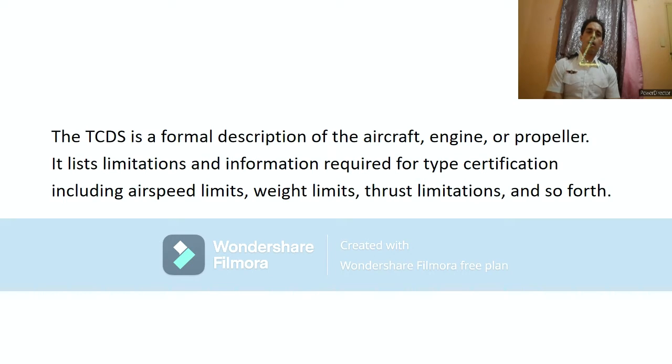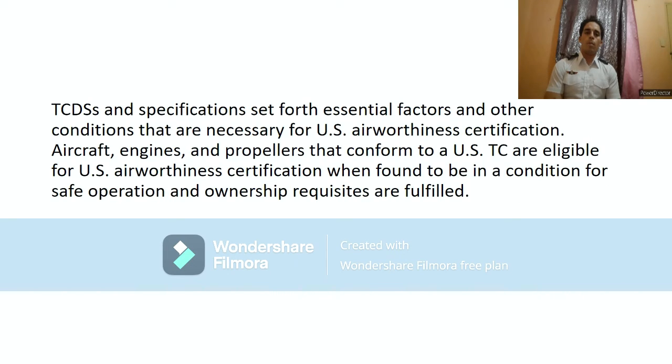The TCDS is the formal description of the aircraft, engine, or propeller, listing the limitations and information required for type certification, including airspeed limits, weight limits, thrust limitation, and so forth.